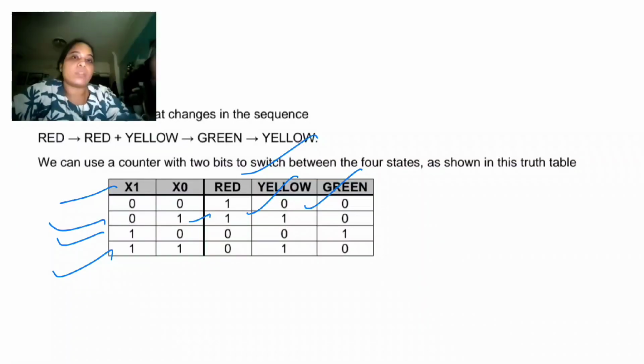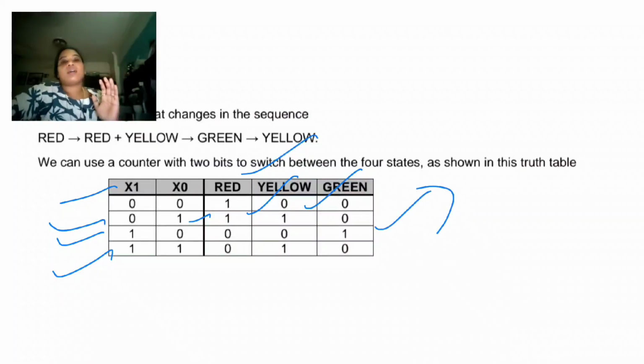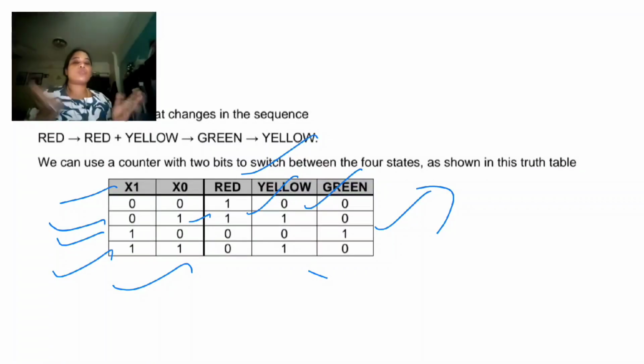I give the connections to all the circuits, and only then does the LED light blink or not blink. The next stage is the first terminal on and the second wire off, and you get the moving stage, that is the green light. The green light is going to be on. That is the third stage, and in the fourth stage, if both inputs are on, you get the yellow light. Yellow light means you should be ready.